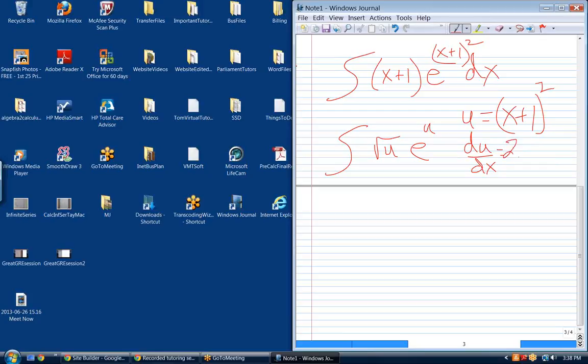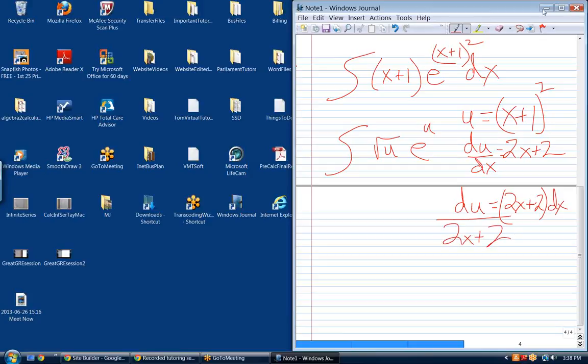And so that's 2x plus 2 is du/dx, which makes du equal to 2x plus 2 dx, which makes dx equal to du divided by 2x plus 2.